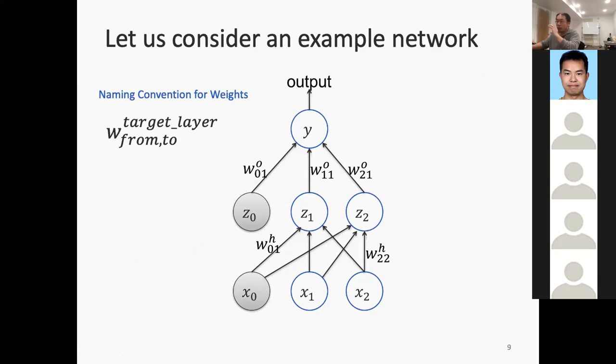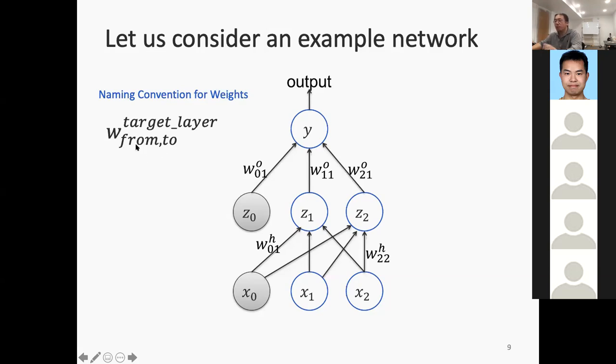Now I will introduce how we index each weight on the neural network edges. To clearly index each particular weight, we use both subscript and superscript.